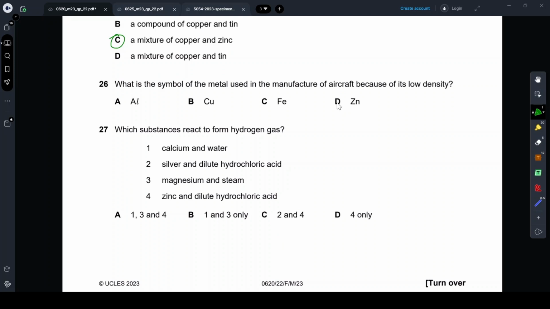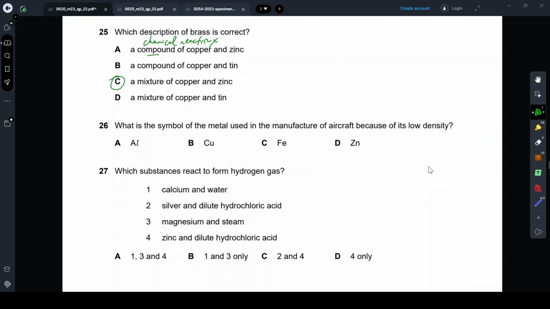All right. What is the symbol of the metal used in the manufacture of aircraft because it has low density? I'm gonna take a guess and say A. Zinc. Yes, Haram? Option D. B. Are you saying copper?